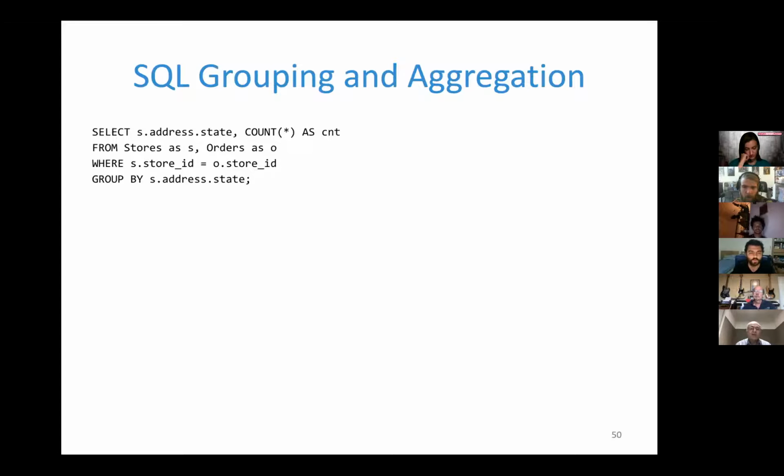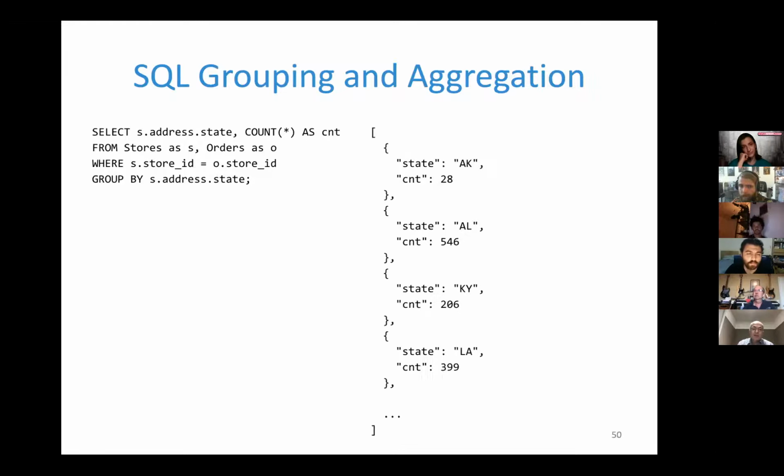In this query, we're taking the stores and the orders, joining them on the store ID, and we want the count of the orders for each state. We use count star for each state, run it on this data set, and get a result as you would have expected.